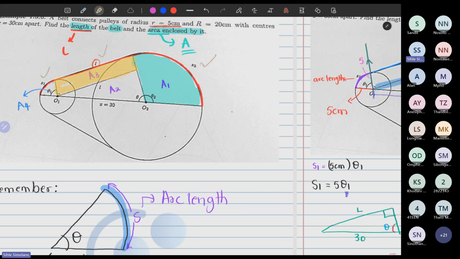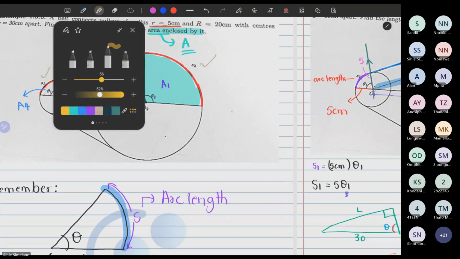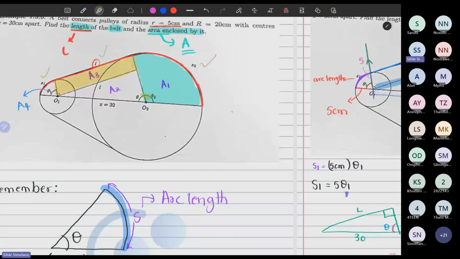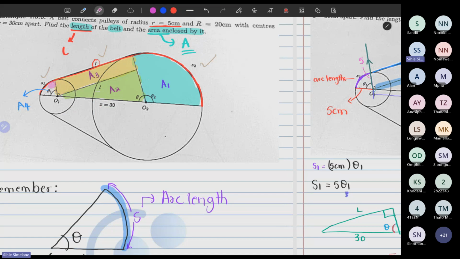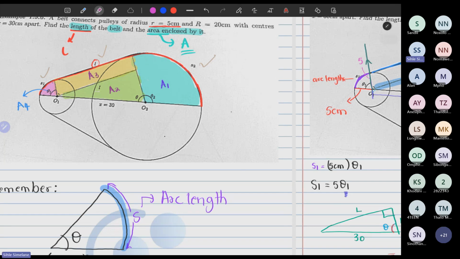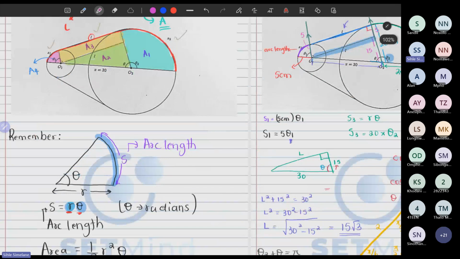It's easy to find the area of a rectangle. We know the length of the side, we know L. And then we will have area 2, which will be all of that. And then we will have the last portion of our area, which would be area 4, which will just be that portion. Very smart.